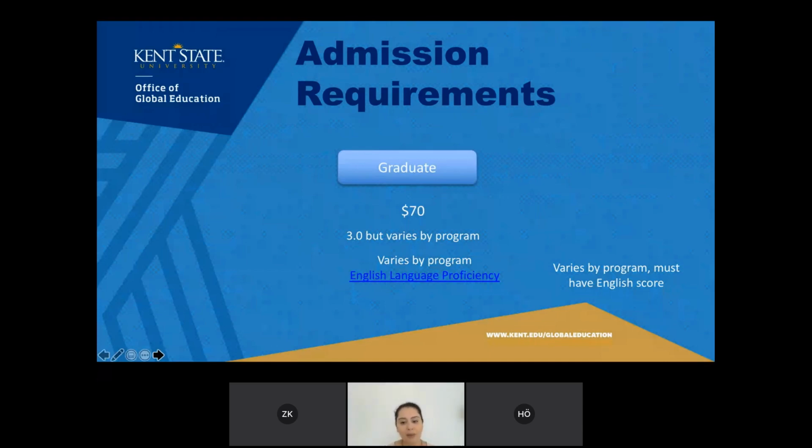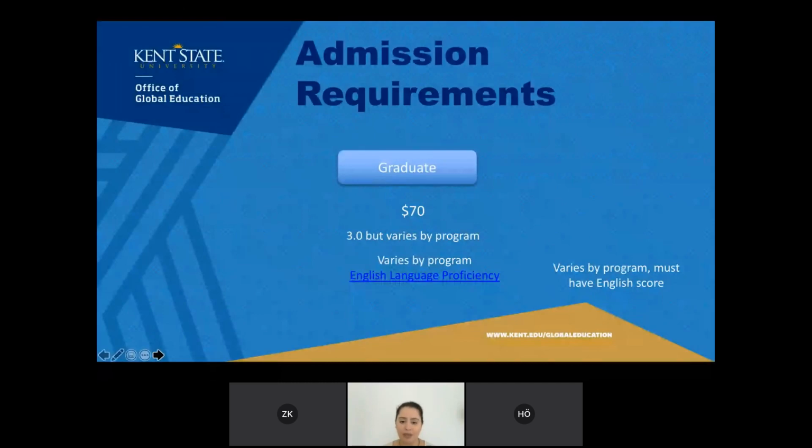The $70 application fee at Kent State, we use it to do our credential evaluation, to review your transcripts and convert your grades in terms of US GPA. And so it's a way for us to not require you to spend a few $100s for WES or ECE or outside credential evaluation. Of course, the GPA, again, can vary by program.